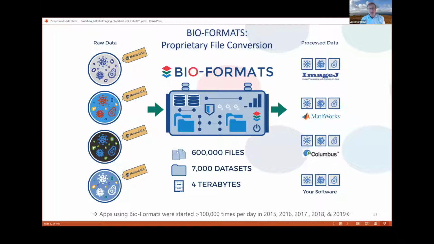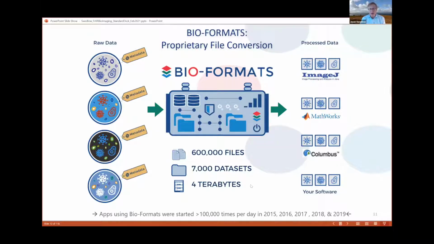They write the binary data and, critically, the metadata into a proprietary file format. So what we do in the Bio-Formats project is reverse engineer those file formats and build open source readers for each of those formats. We embed them in the Bio-Formats library. And so what Bio-Formats does is recognize which of the many different formats your data is in, and then in real time convert it into a model that this other software can understand.